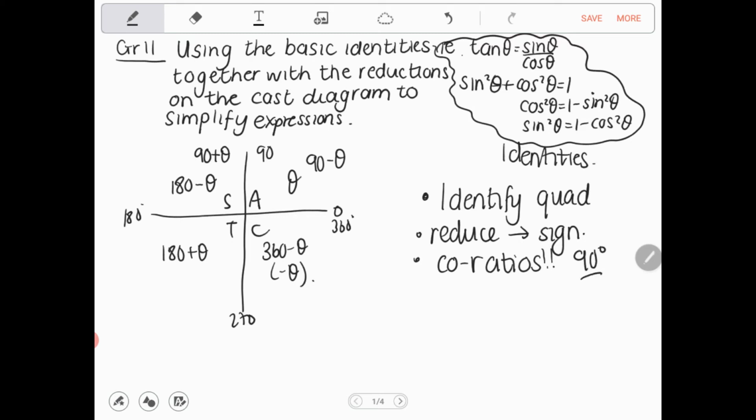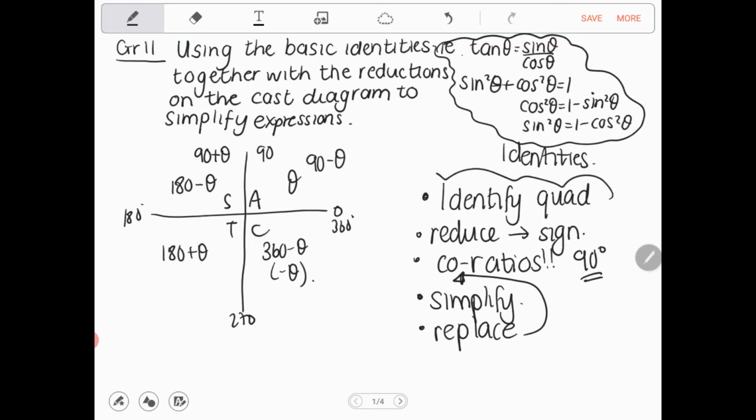Remember, your 90s change sine to cos and cos to sine. And then we're going to simplify. Sometimes a simplify is going to involve a replacement. So these are the steps we're going to be working through to help us simplify these trig expressions.